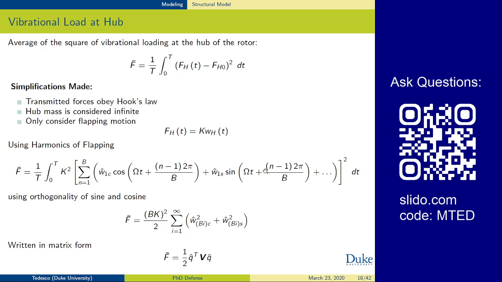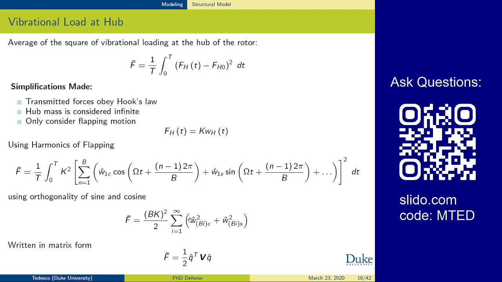Lucky for us, this doesn't change the fact that sines and cosines are orthogonal to each other. And so what this ends up simplifying to is summing up the harmonics that are integer multiples of the number of blades. As an example, with a 4-bladed rotor, you'd sum up 4, 8, 12, 16, and so on. You do also multiply by b squared. That does come out of the math as well.